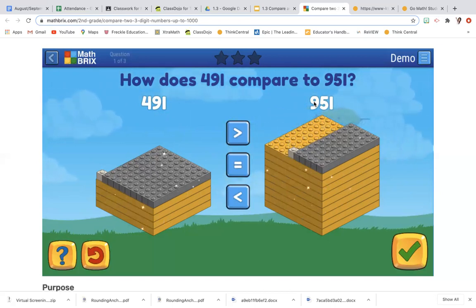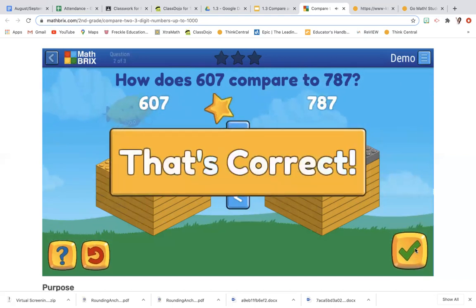They're both in the hundreds place. If it was in a different place, we couldn't as easily compare it, and I'll explain that later. So in this case, is 491 greater than, equal to, or less than 951? I think it's pretty obvious that this number is less than. Let's see if we got it right. That's correct.